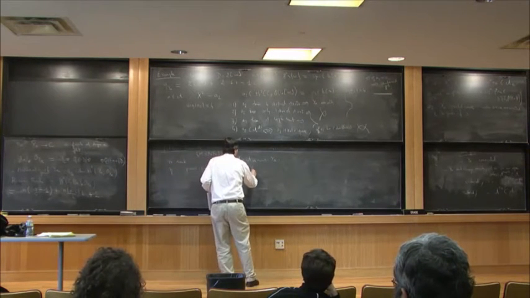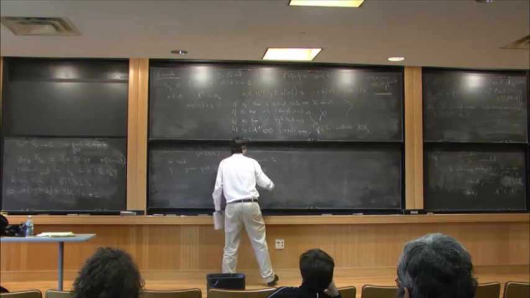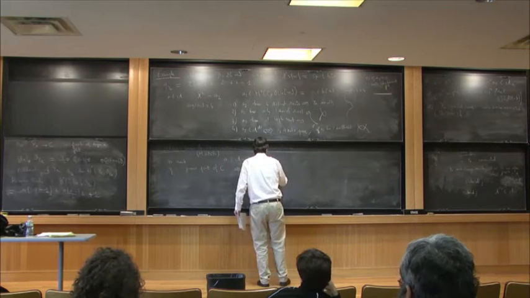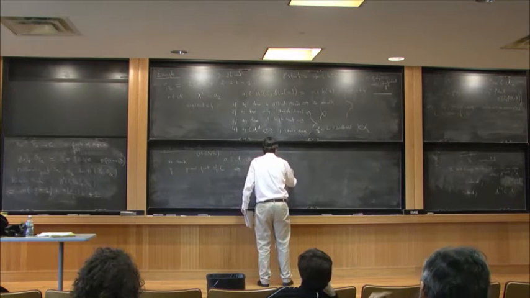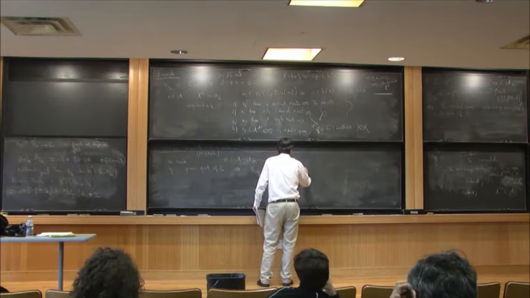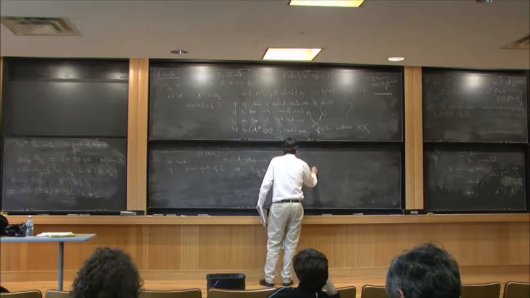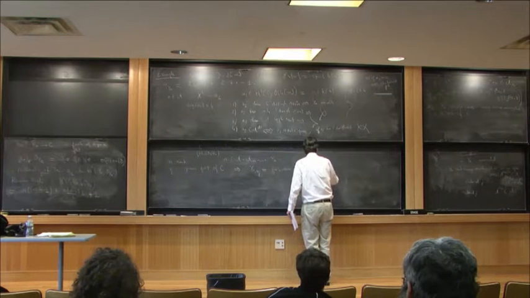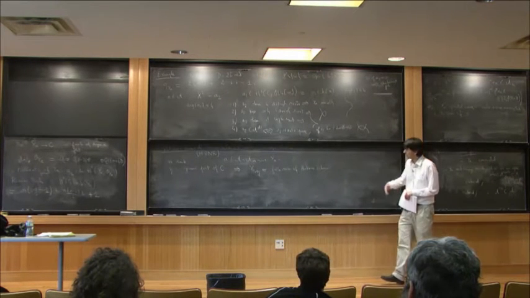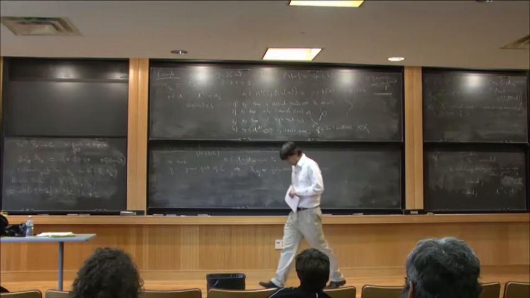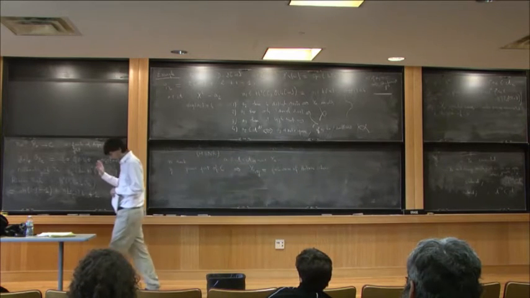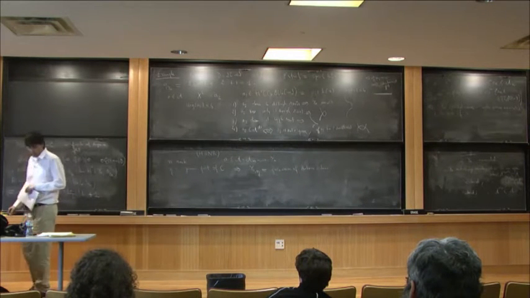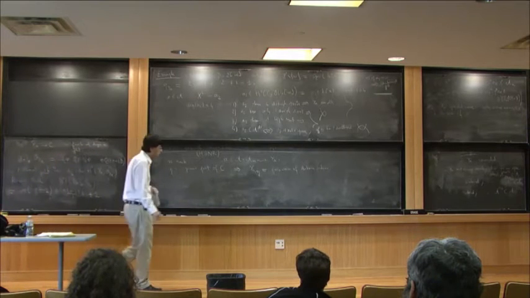So Y_A eta is a finite union of Artinian schemes, one for each irreducible factor.